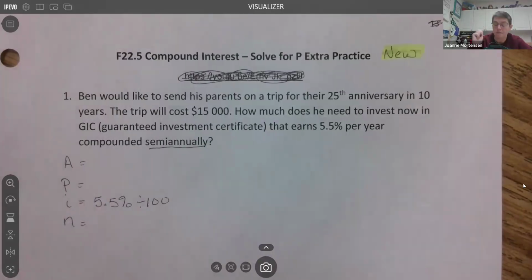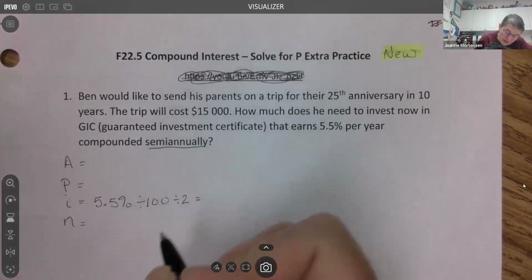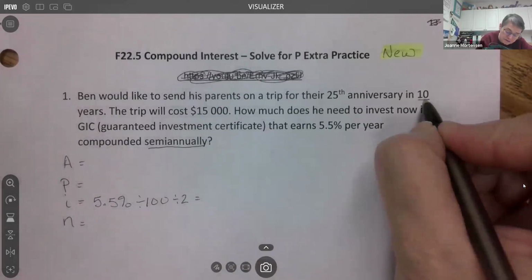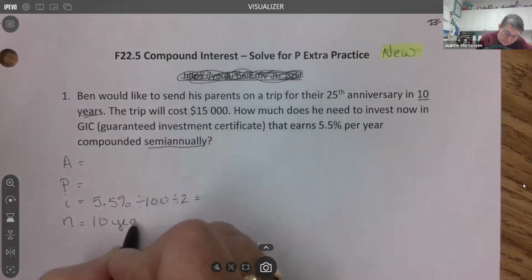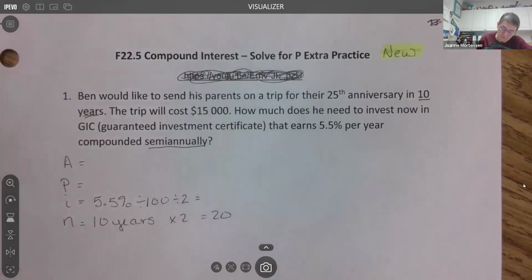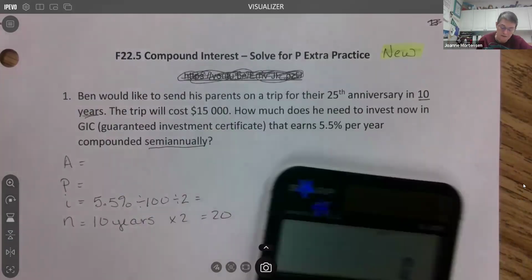Semi-annually, 2. And N, 10 years. So 10 years times 2, that's going to give me 20 time periods. So 20 times it will be compounded.